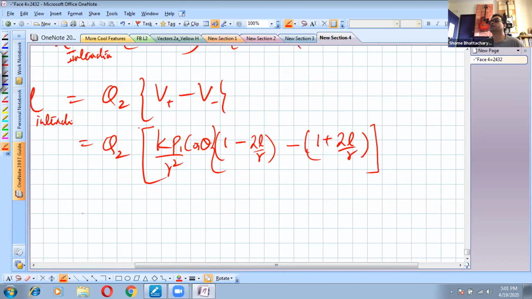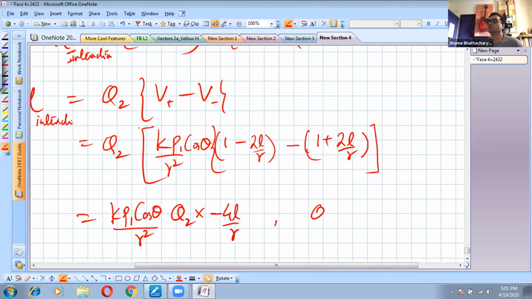Okay. So now let's see what we are getting. We are getting Kp1 cos theta by R square, first take that common outside, into Q2 into what is left of this bracket. What is left of this bracket is minus 4L by R. Correct? Okay.